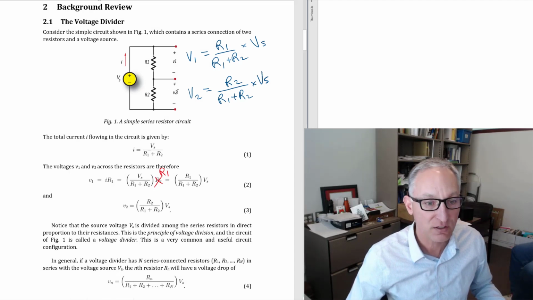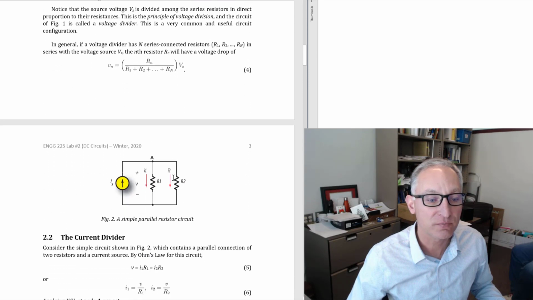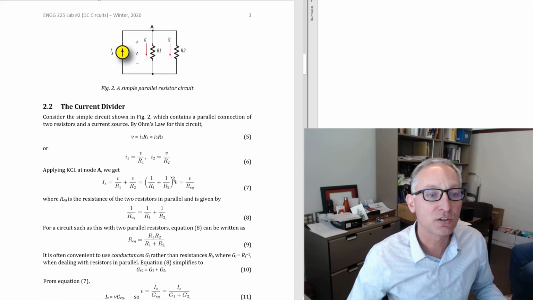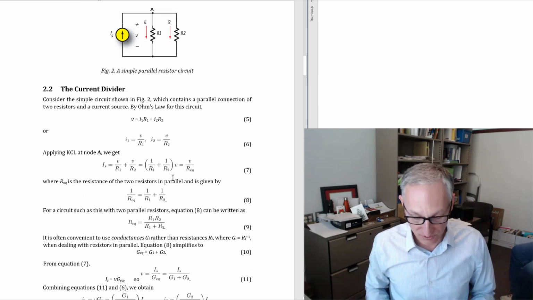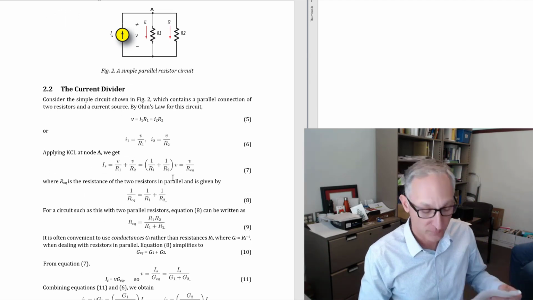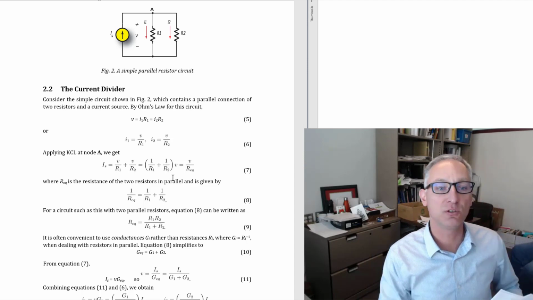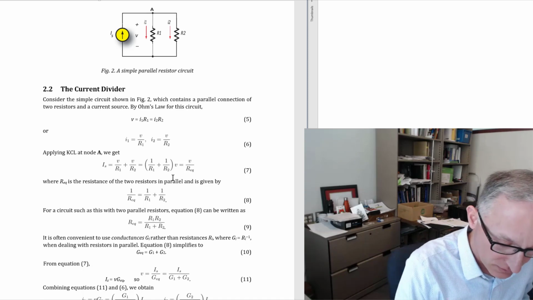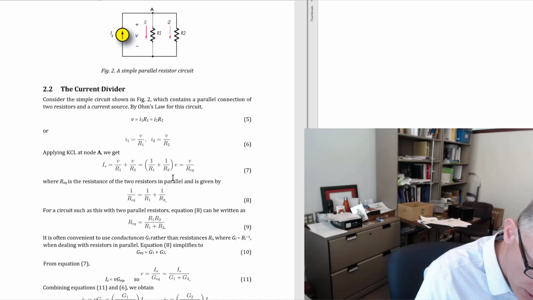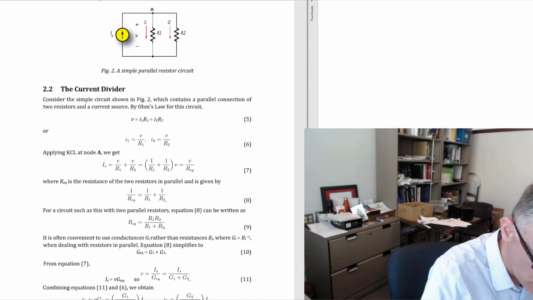Now, further down, we have the current divider circuit. Okay, so now the current divider is an interesting circuit. If we have a circuit like this with two parallel resistors, then for the currents we have this relationship. I'll use blue again.